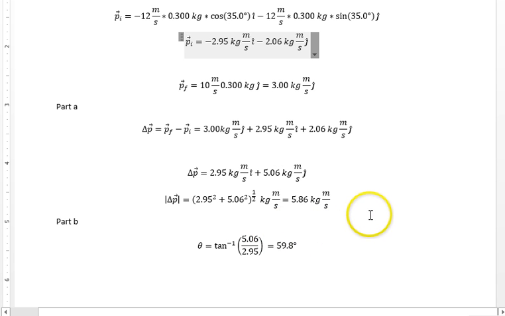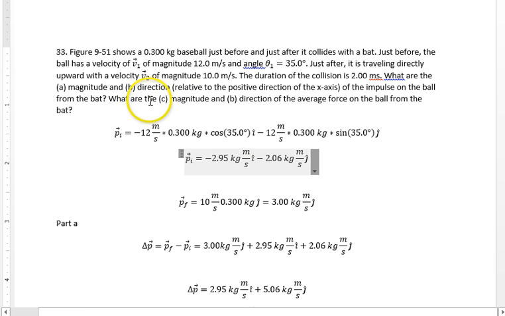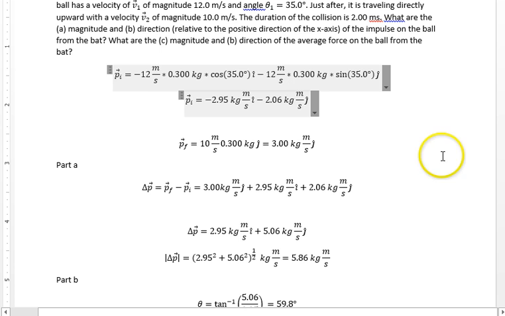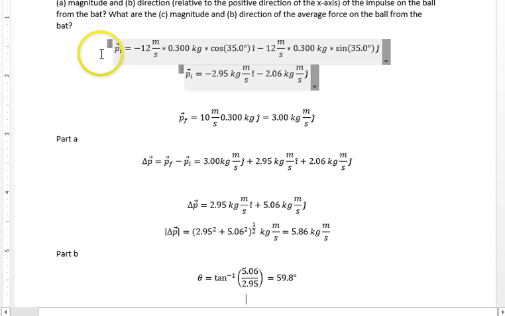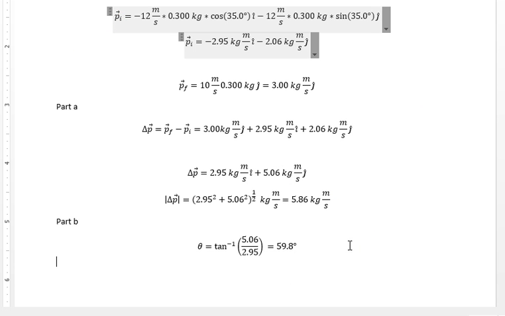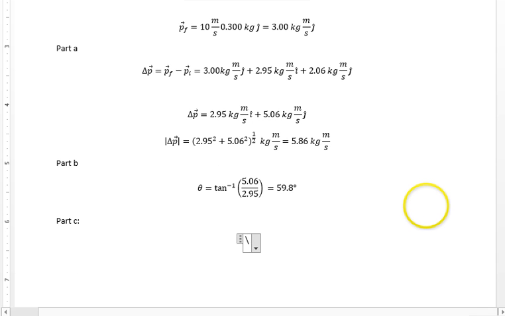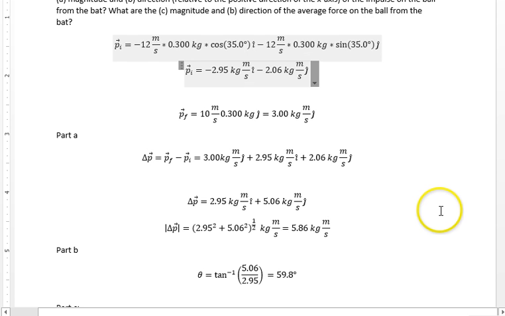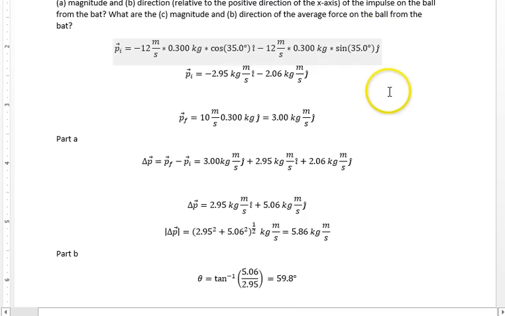Okay. Now, part C and D are what are the magnitude and direction of the average force on the ball from the bat. So part C is the only interesting part here. So delta P is the force times the time that the force is applied over. So the time is just 2 milliseconds.